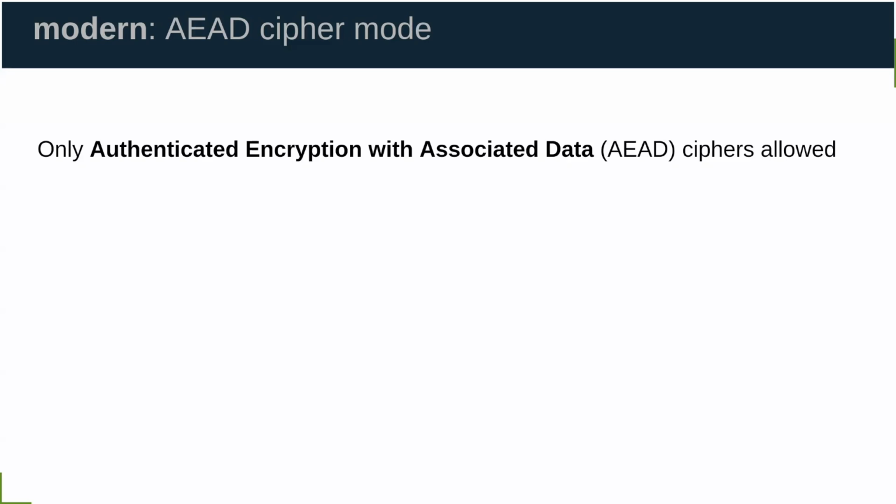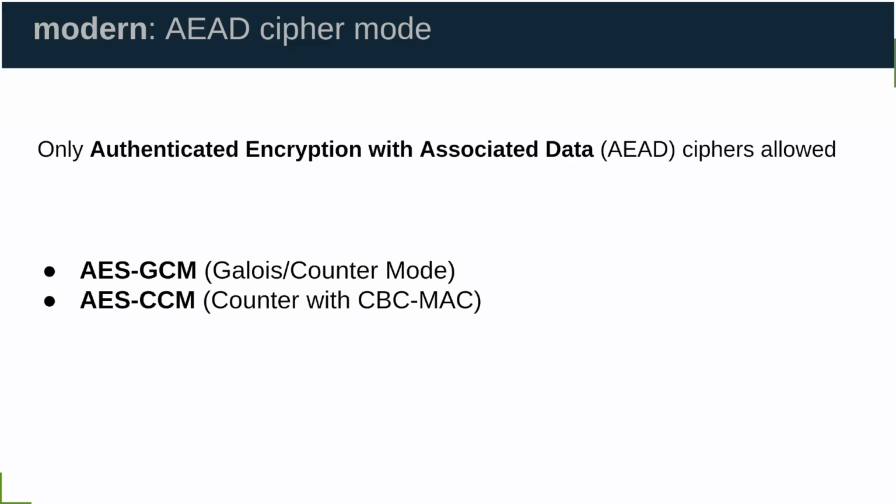There are a lot of trade-offs to doing one before the other. It's hard to get right. So newer algorithms just do both operations at the same time in something called authenticated encryption with associated data, AEAD. And in TLS, this is the only cipher mode you can use because the older mode was removed. So these are some examples of this kind of cipher.